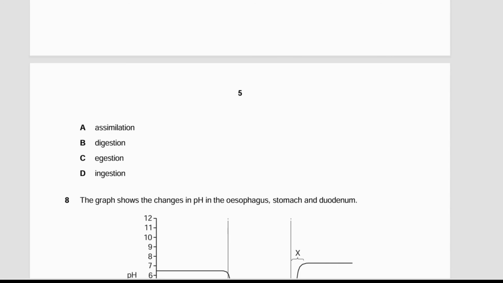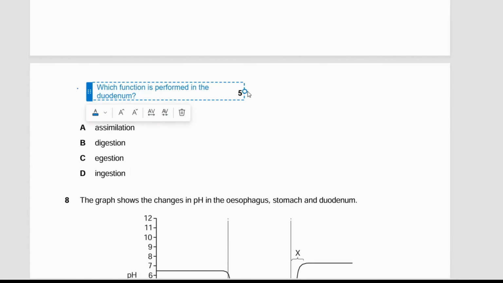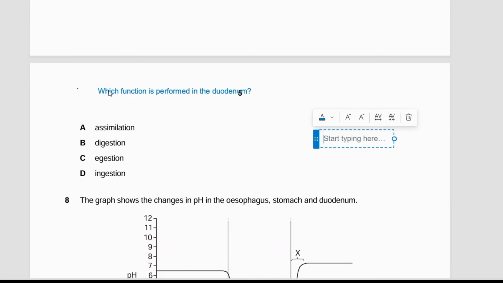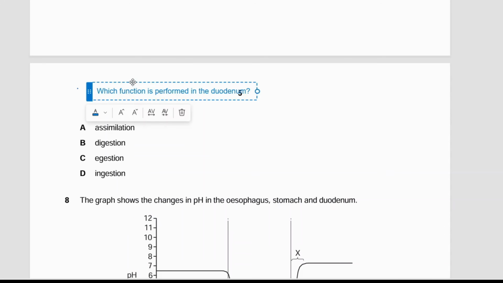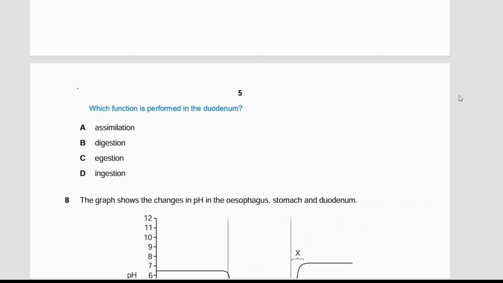The statement of seventh is which function is performed in the duodenum. Okay, wait. Assimilation, how do you define assimilation?